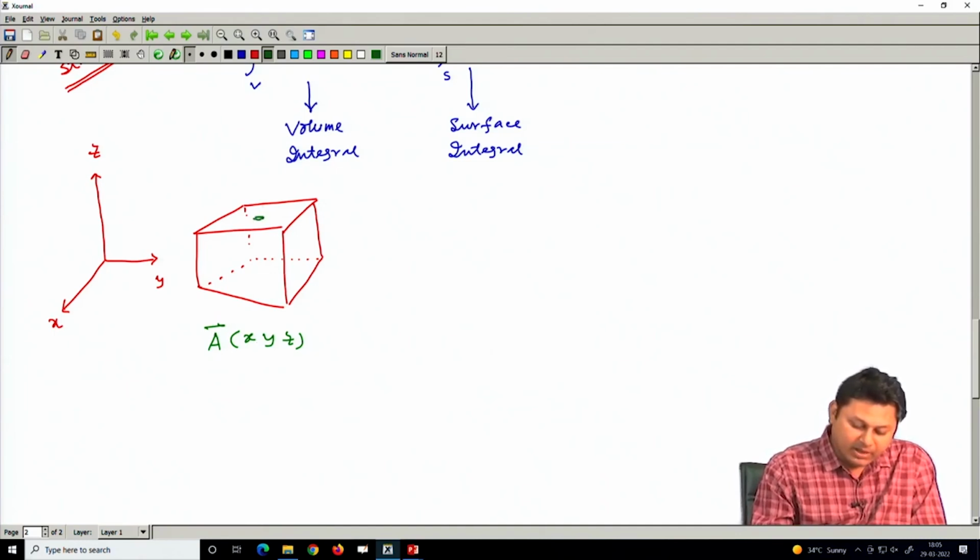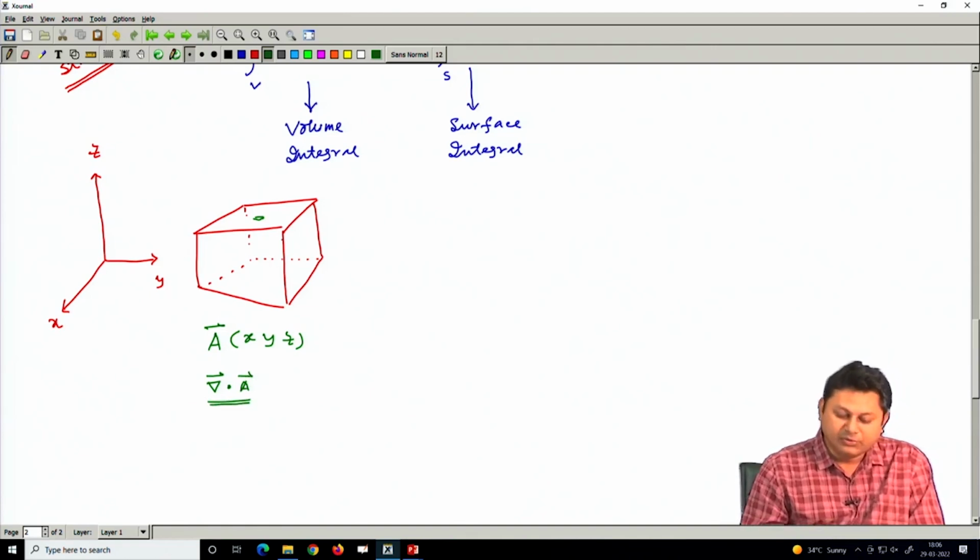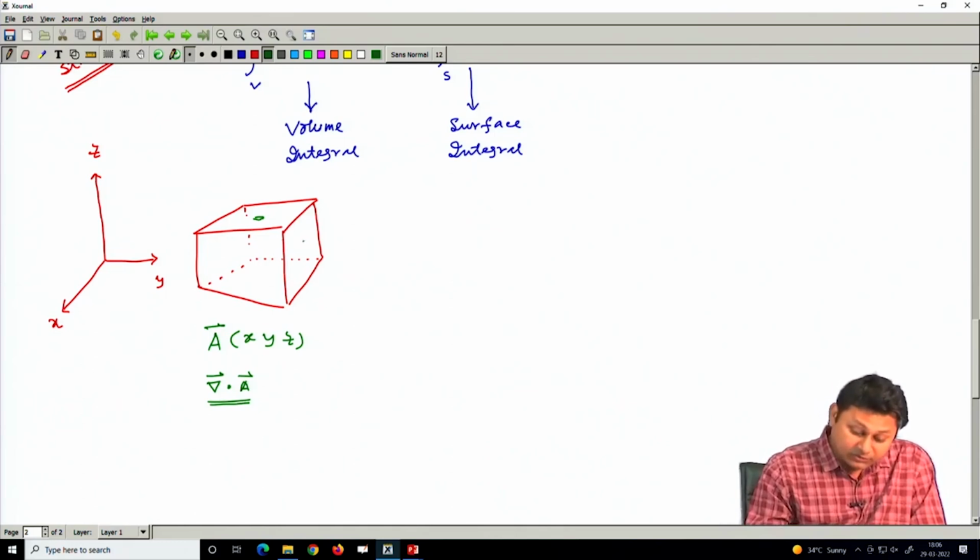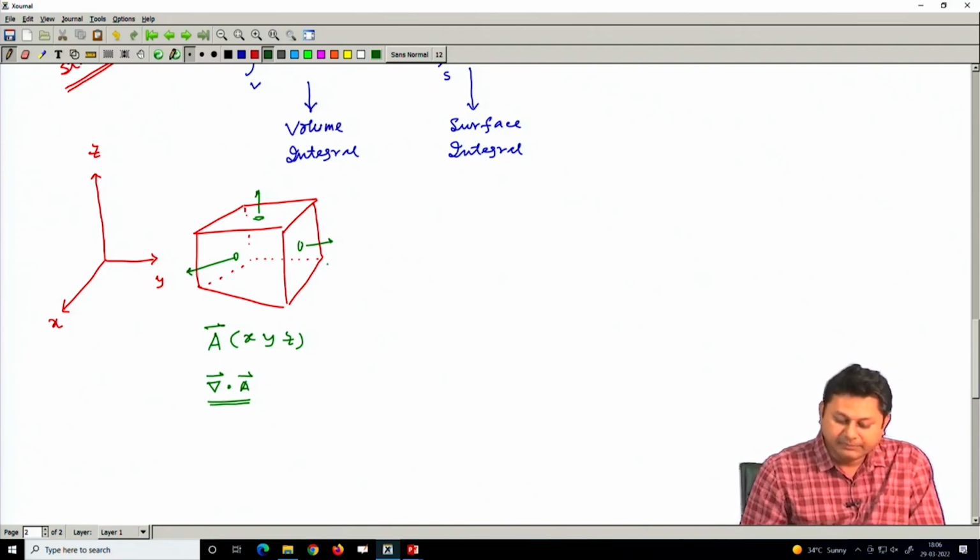Now, if I want to calculate the volume integral of this quantity, it basically gives you the divergence of the given vector, and then you make the volume integral over this given volume, you are going to get a value. But you can also make the surface integral of this enclosed volume. There will be 6 surfaces, and these are the directions of the area, and you can have a closed surface integral for this system as well.